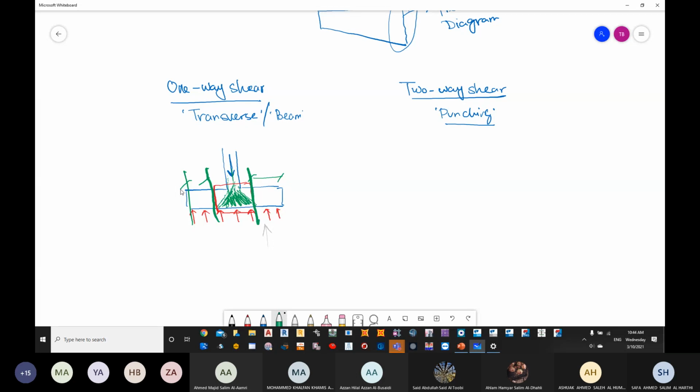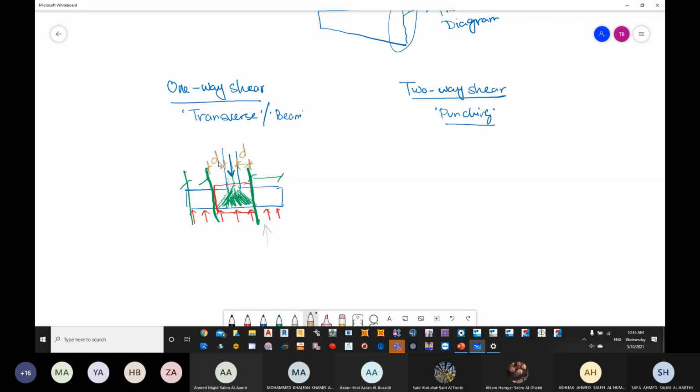Now how to find that or how to calculate that, the code says, after different analysis and verification, that shear force will start cutting after a distance of d. So this distance from here to here, from the face of the column, is called d.